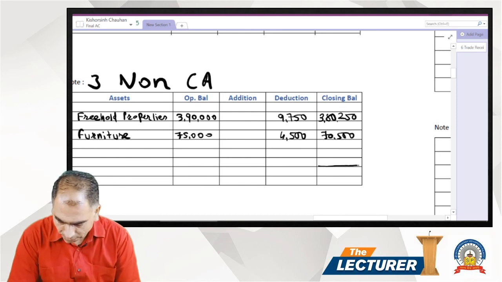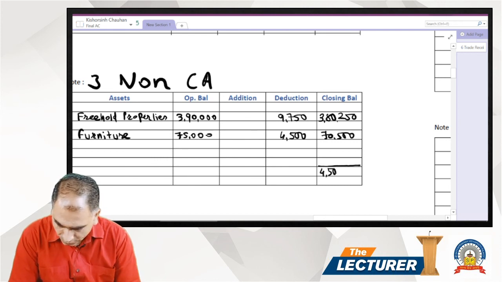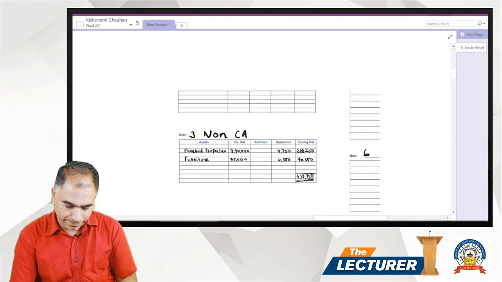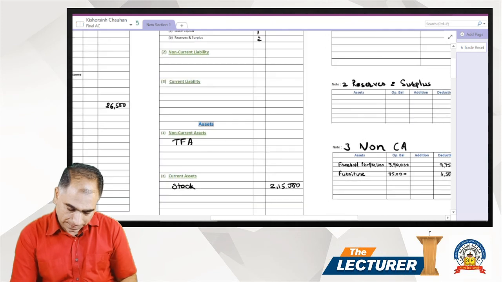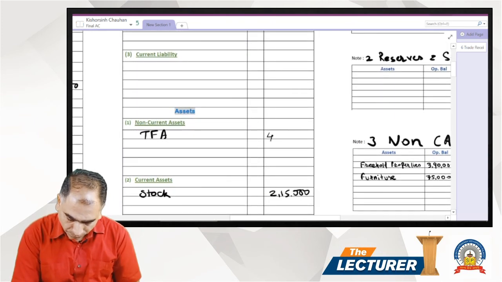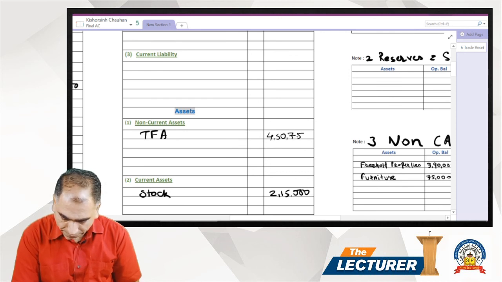And if we total up, it comes to 4,50,750. It's a total of tangible fixed asset 4,50,750.